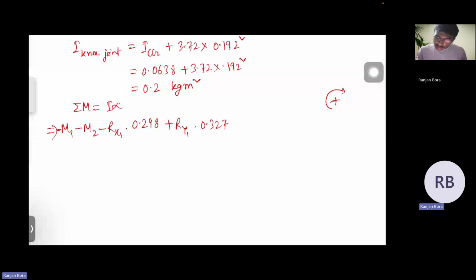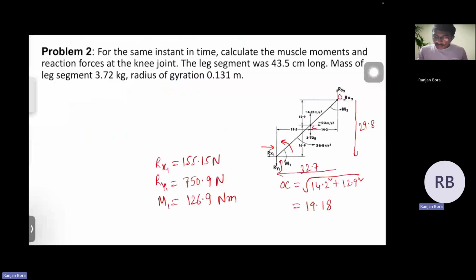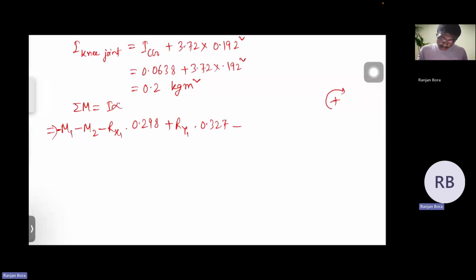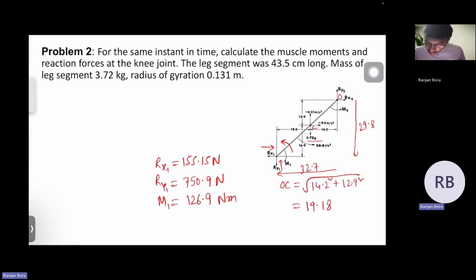and the direction of the moment because of the weight 3.72 into g, it will be in the anti-clockwise direction. It will be minus 3.72 into 9.8, and this distance is 14.2, so it will be 0.142.